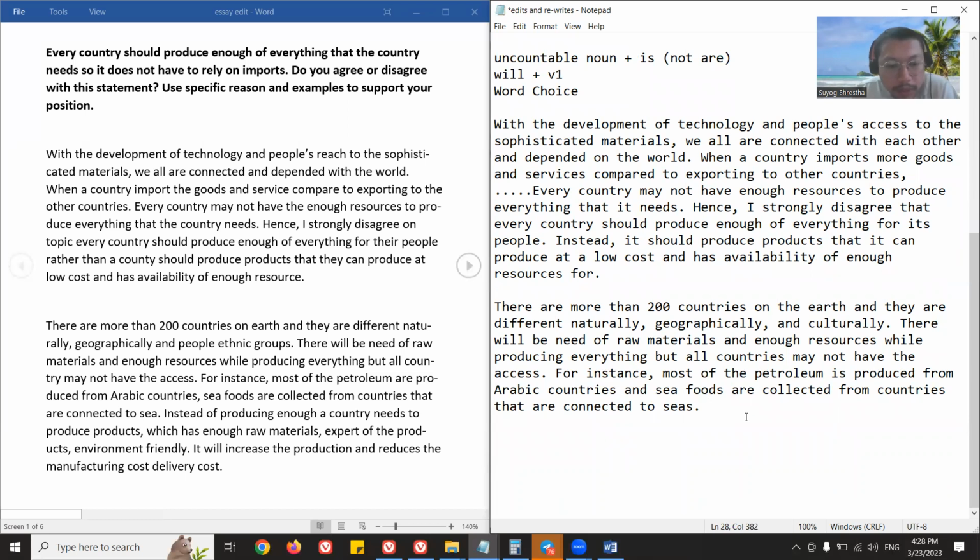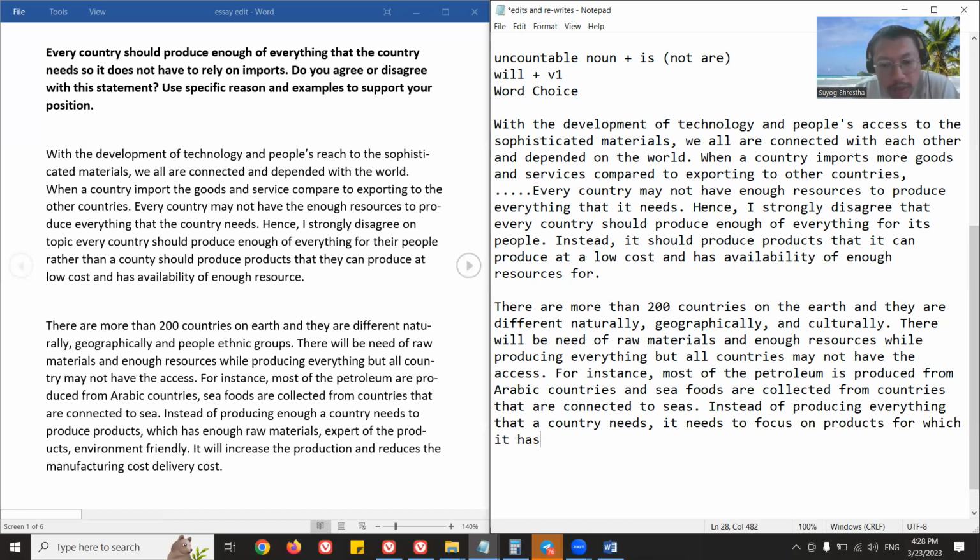So let's see. So first I'm going to say, instead of producing everything that a country needs, it needs to focus on products for which it has sufficient raw materials and expertise on production.